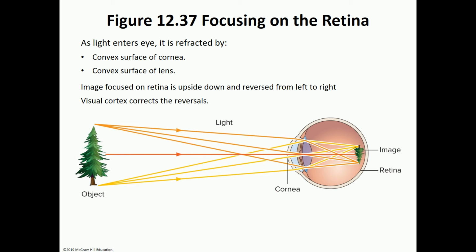Your second refractory surface would be the lens, and that is the adjustable one. So we can adjust that and make sure that the picture of the tree lies onto the fovea. Something that you want to notice here is that things on the retina are upside down, but it'll be up to the visual pathway and the visual cortex to reverse that image.